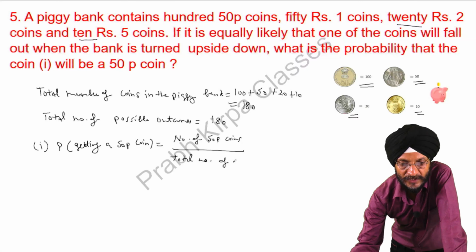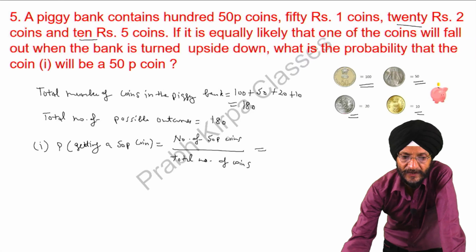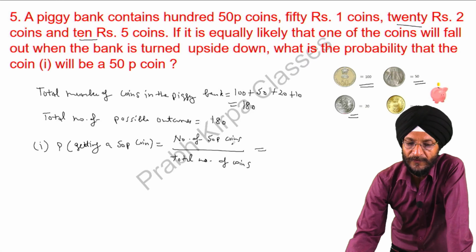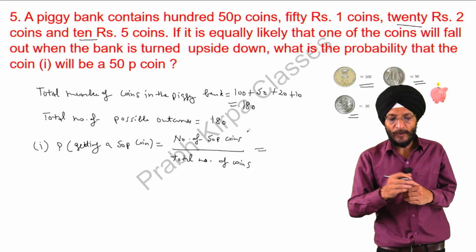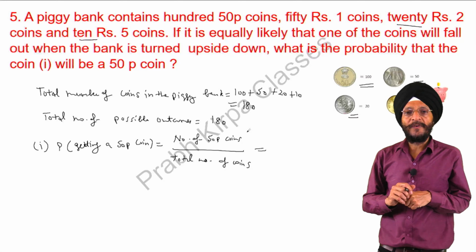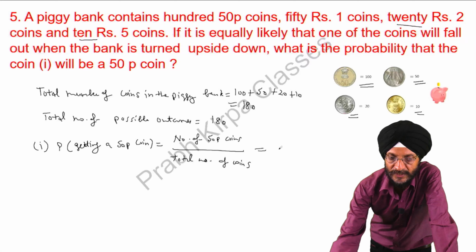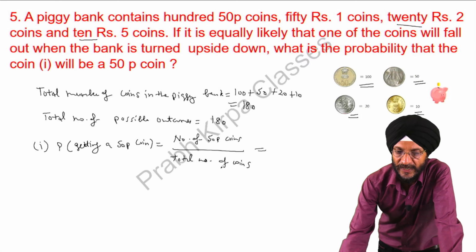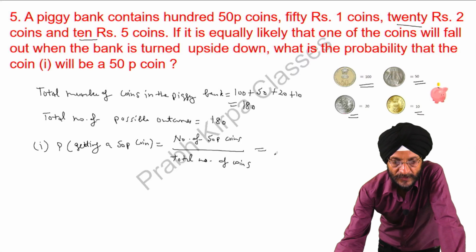In other words, here we will place the number of favorable outcomes. Favorable outcomes means we are to calculate the probability of 50 paisa coins. So here we will place the number of 50 paisa coins, and on the lower side we will write the total number of possible outcomes.